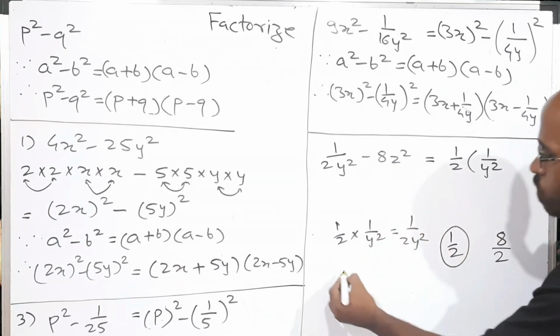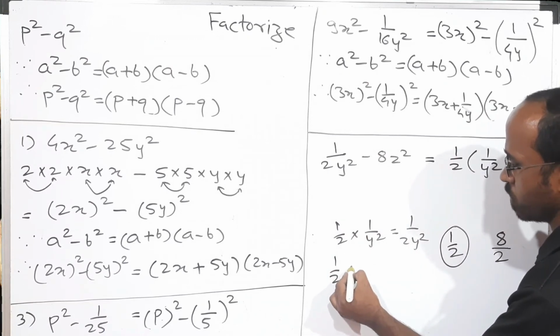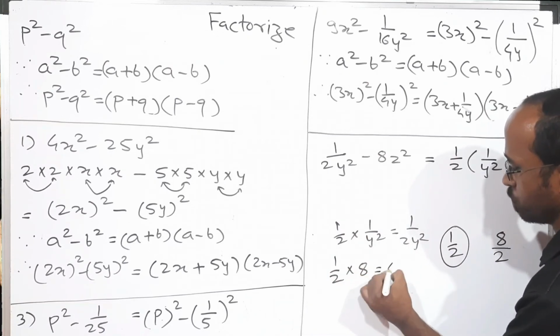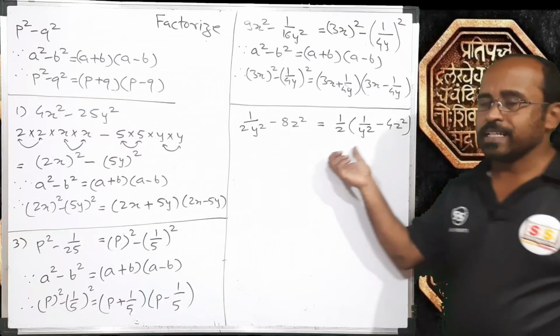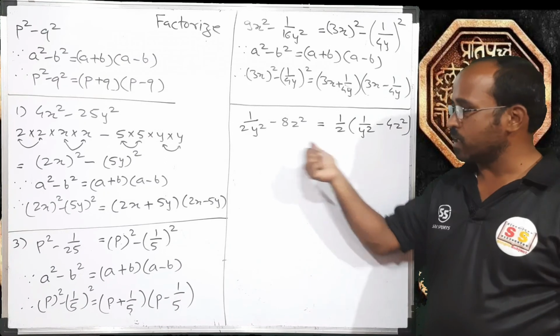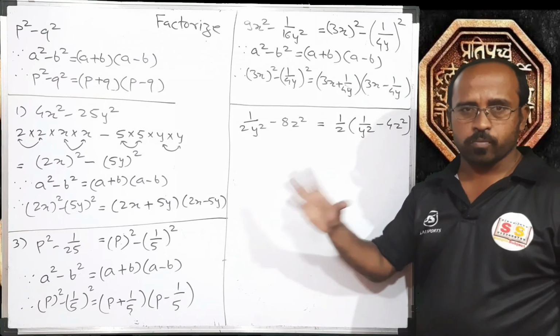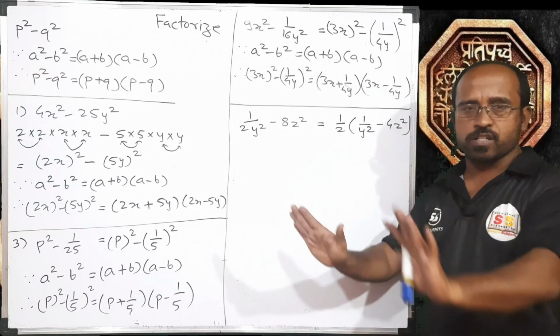And if we take 1 upon 2 common from this 8z square, 1 upon 2 multiplied by 8 is equal to 4. So here it will remain minus 4z square. This is the most important part of this question. Taking a number common such that the remaining terms will be squares of something. And as it is a fraction, we have taken that fraction common.